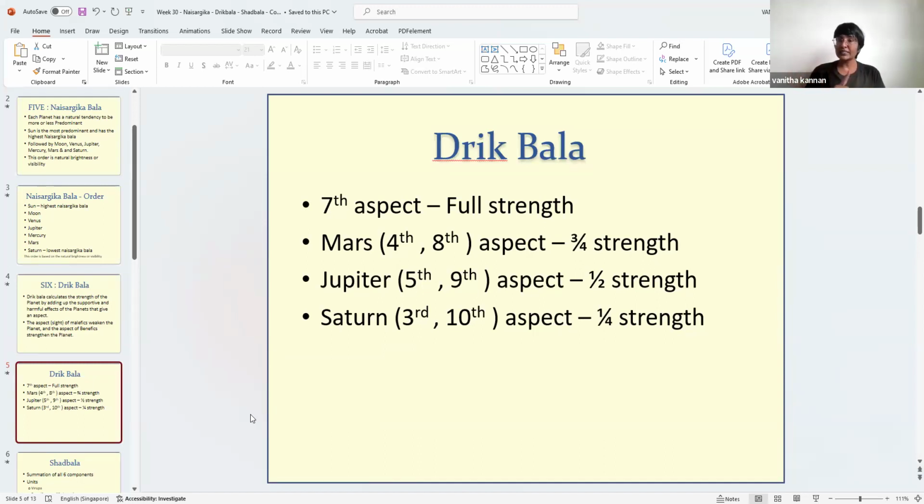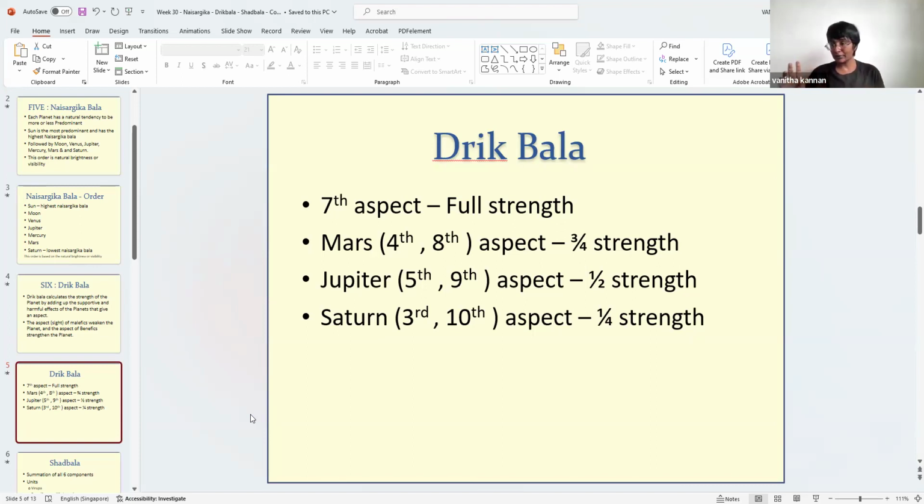Mars has two additional special aspects, 4 and 8, having 3/4 of the strength, not 100%. Jupiter 5 and 9 have half strength. It won't be full strength, but half. Saturn 3rd and 10th is also half strength. So remember, the seventh aspect gives you the full strength, particularly for the Drikbala calculation.